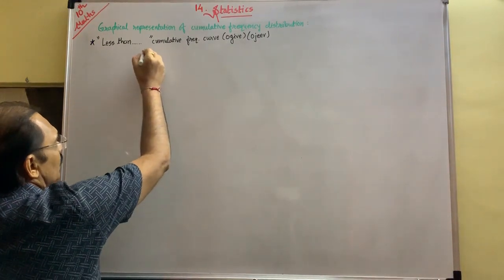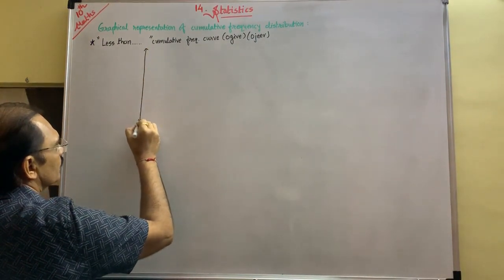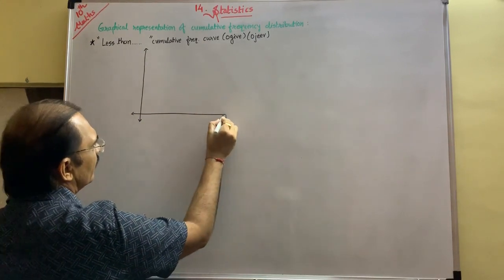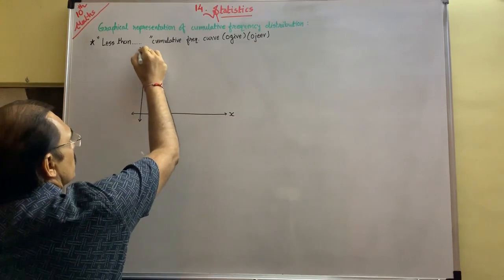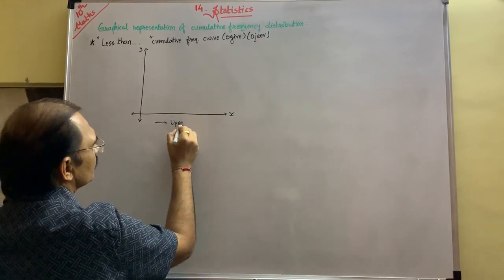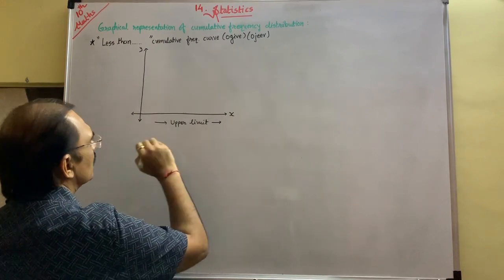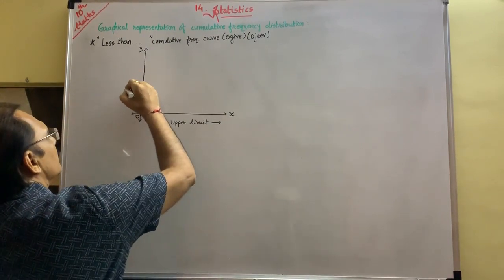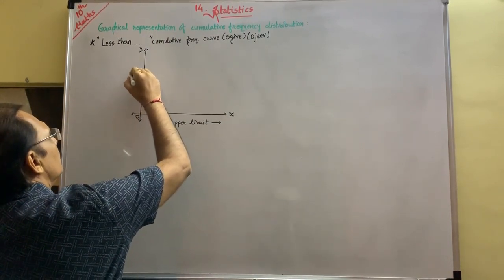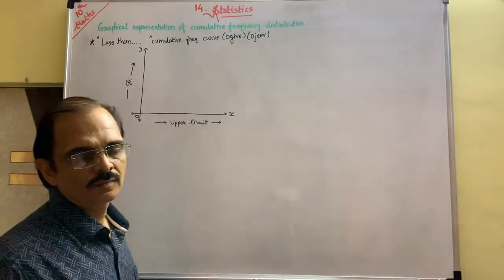If you want to draw a less than curve, first on the x-axis plot the upper limit of the given class, and on the y-axis plot cumulative frequency because it is a cumulative frequency curve.